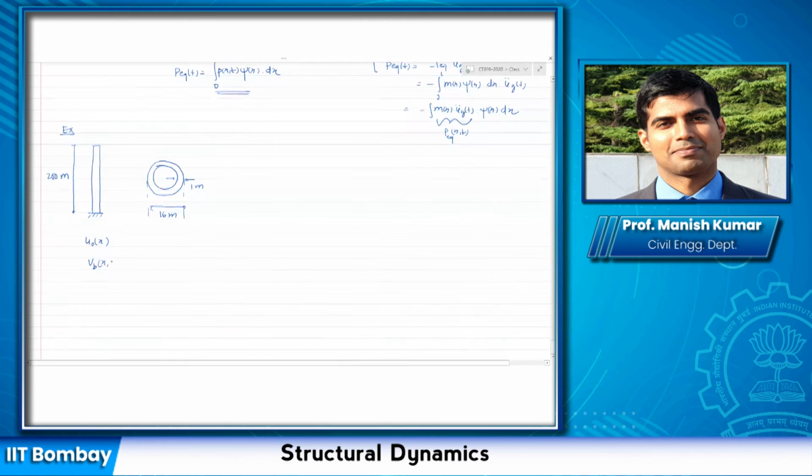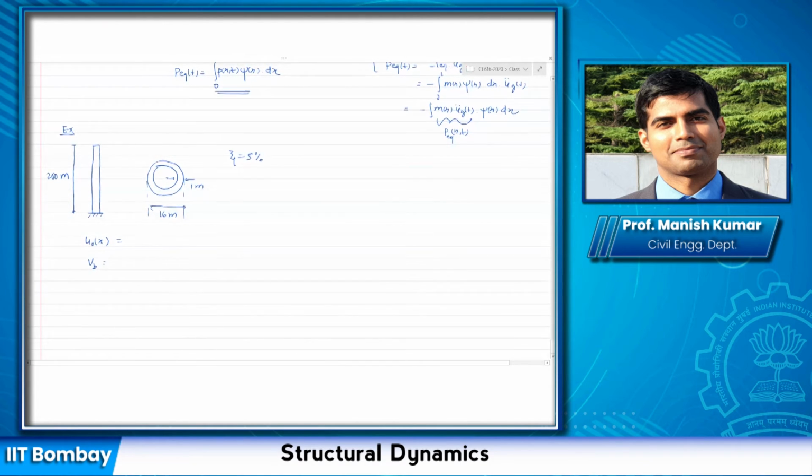The damping is given as 5%. The E value is given as 25,000 MPa. The rest of the quantities you can calculate. The density of concrete is 2400 kg per meter cube, you can assume that.